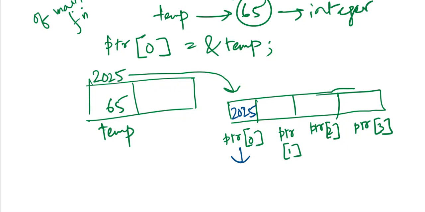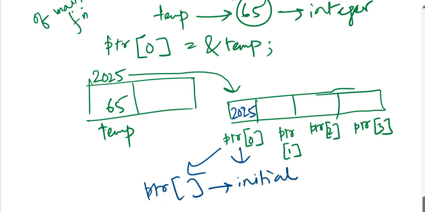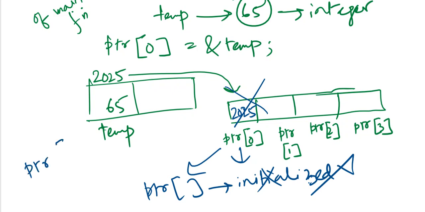However, the pointer array is not initialized, so this does not point to a valid memory address, so this statement will be totally false. Okay, if you need this, we can declare a pointer type array. But here we declared a pointer type integer.